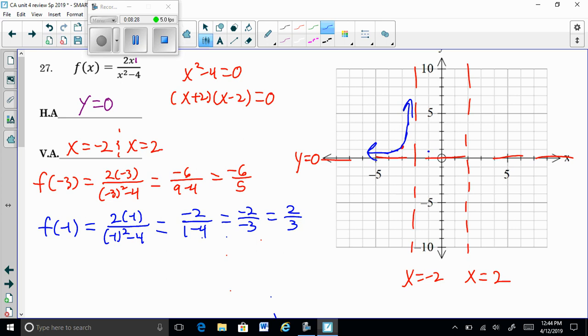So we're about right there. f of 0 should be pretty simple because 2 times 0 over 0 squared minus 4. So you end up with 0 over negative 4, which is just going to be a 0.